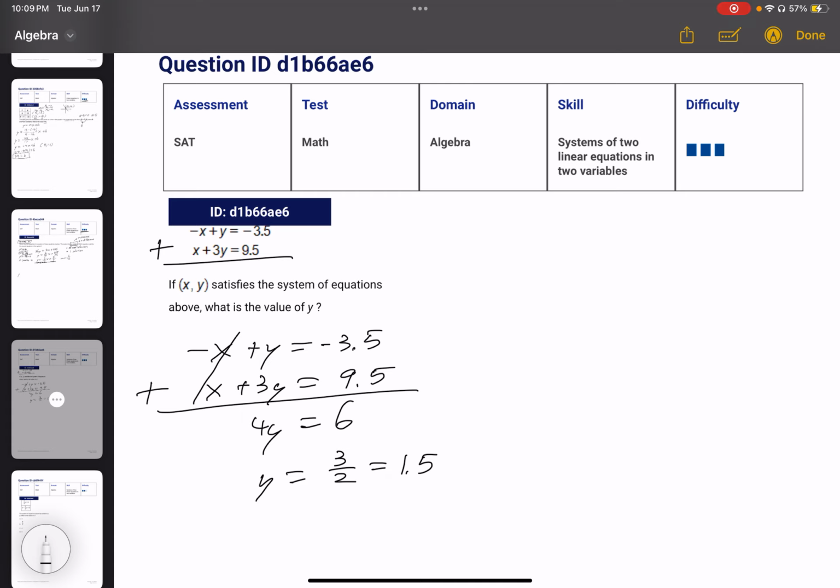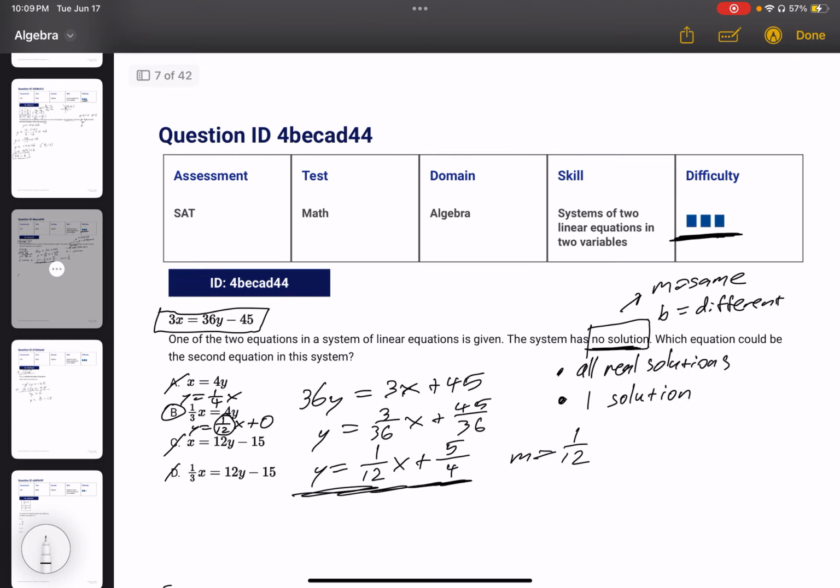So if you notice any patterns from this algebra section, since this is now the second time we're doing it, a lot of system of equations. So you want to know your rules for no solution, one solution, and all real solutions for those intercepts, as we were talking back here.